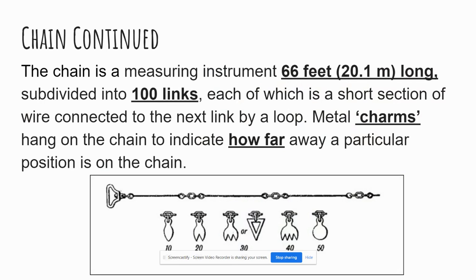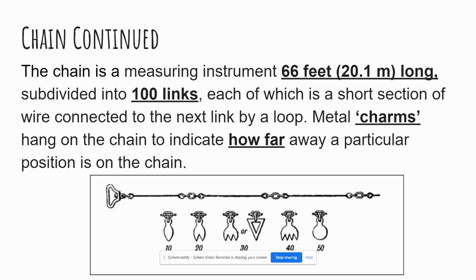Chain continued. The chain is a steel measuring instrument 66 feet long or 20.1 meters long and is divided into 100 links, each length of which is a short section of wire connected to the next link by a loop. Metal charms hang on the chain to indicate how far away a particular position is on the chain.